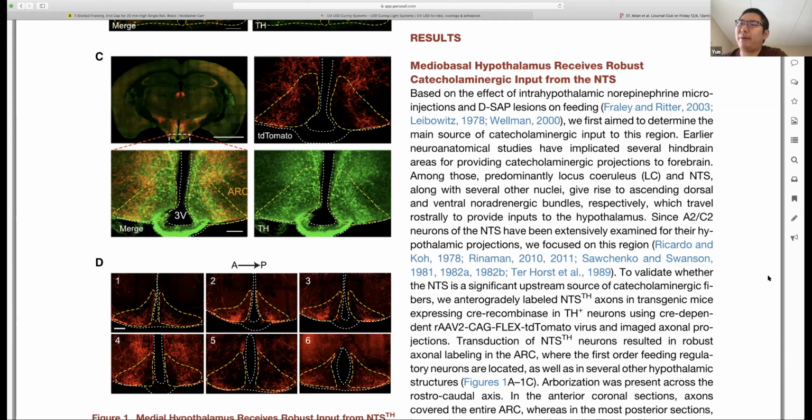Because they are part of the dopamine pathway. So I think if you wanted to see the dopaminergic neurons, maybe you can use the VGLUT2 Cre, but they wanted to see the catecholamine thing, so they used the TH-Cre, I think.